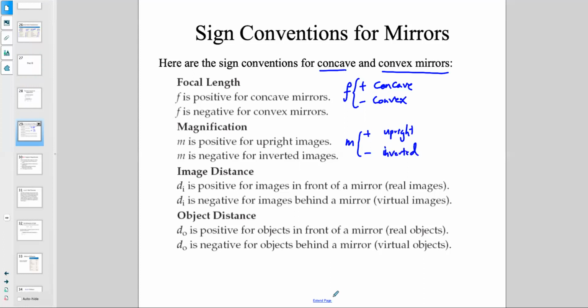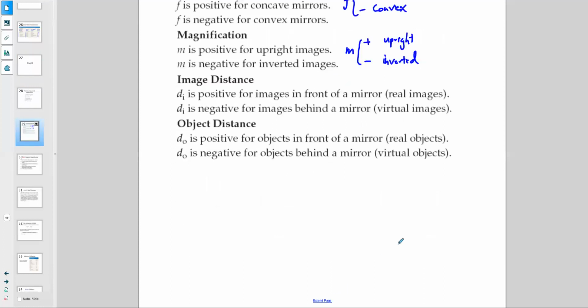Image distance and object distance depend on what type of mirror we're talking about. dI is positive for images in front of the mirror, real images. So if the image is real, then dI is positive.